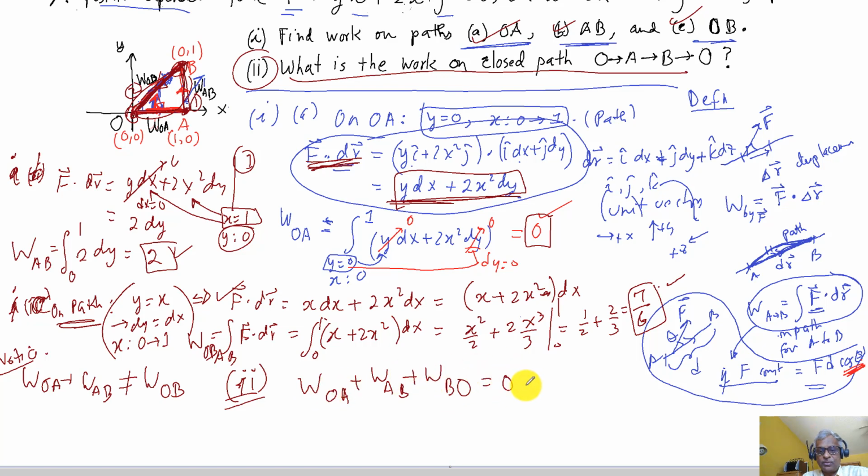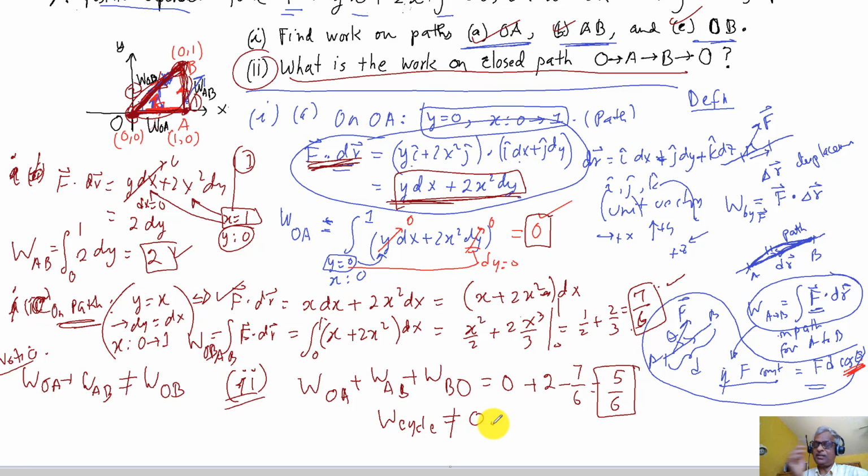This is 0 plus 2, and this is negative 7/6. So 12 minus 7 is 5/6. So actually I went all the way around and came back, but the net work is not 0. So W over a cycle is not necessarily 0.